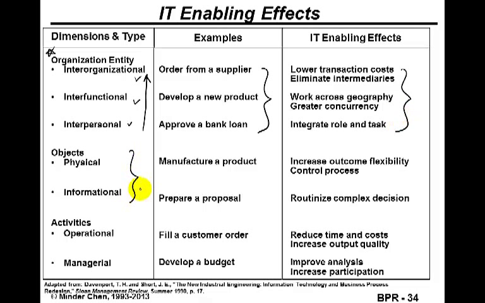The second dimension is the type of object we're dealing with. The process may focus more on the physical object or just purely on information or knowledge. Dealing with physical object like in a manufacturing setting does require a lot of information and information technology, but it's a little bit easier to handle because they are visible.